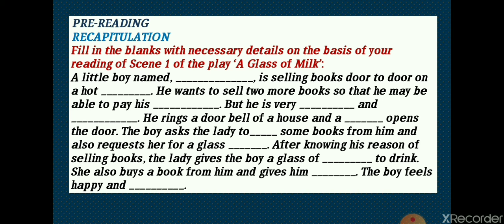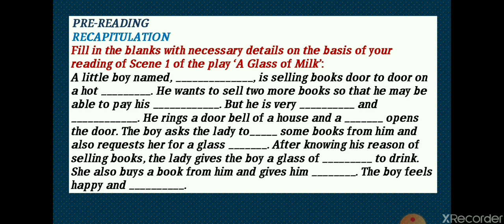He wants to sell 2 more books so that he may be able to pay his dash. Dear students, try to remember what he could not pay and fill it here. But he is very dash and dash. Here you have to write the physical condition of the boy.